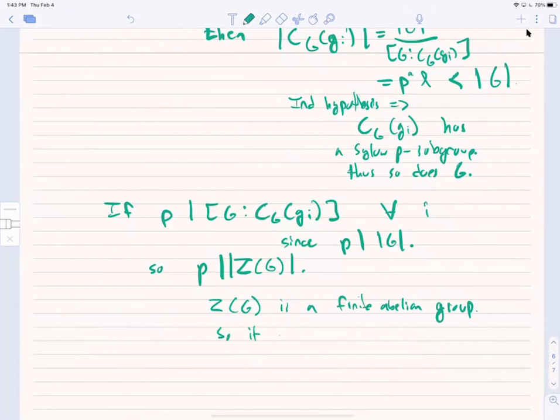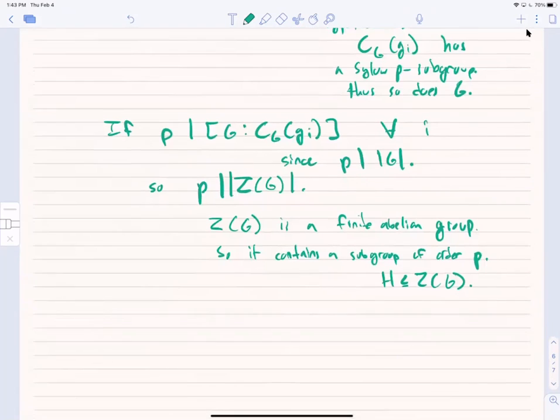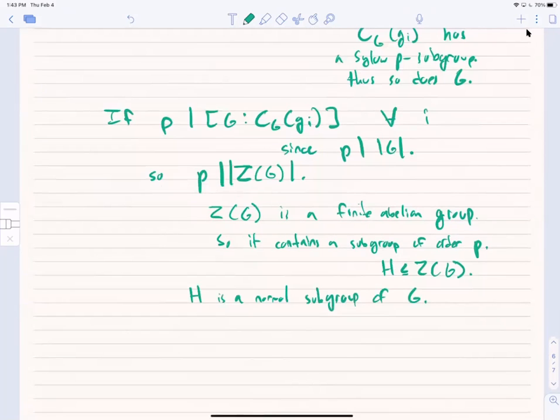So it contains a subgroup of order P. Let me call it H. Just any finite abelian group, just by the classification, contains an element of order P. Okay, well, so H is a normal subgroup of G, because any subgroup of the center is a normal subgroup, of order P.